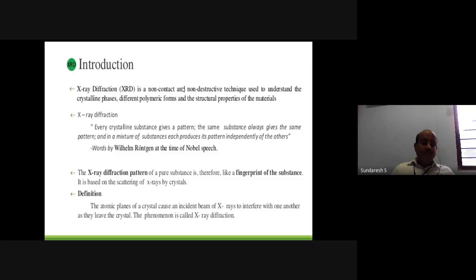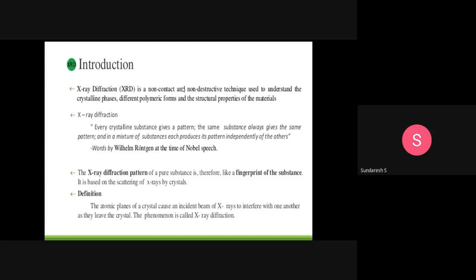When you come to the definition, the atomic planes of a crystal cause an incident beam of X-rays to interfere with one another as they leave the crystal.